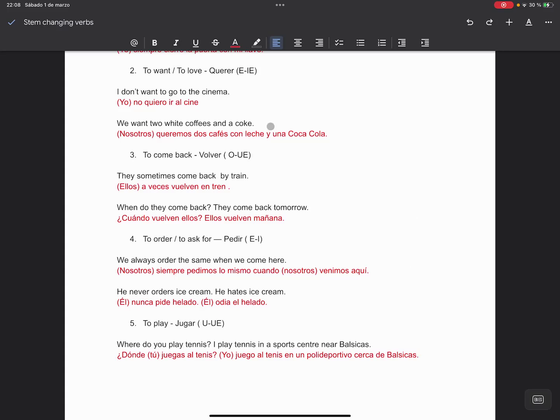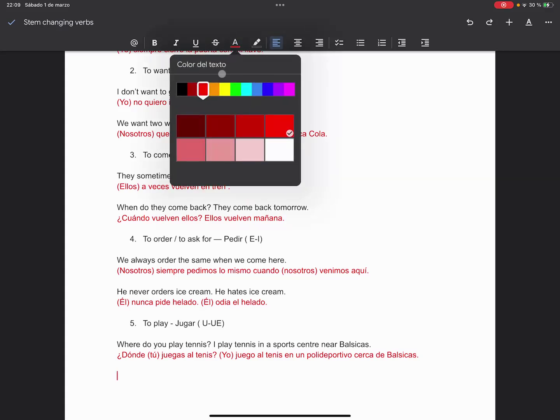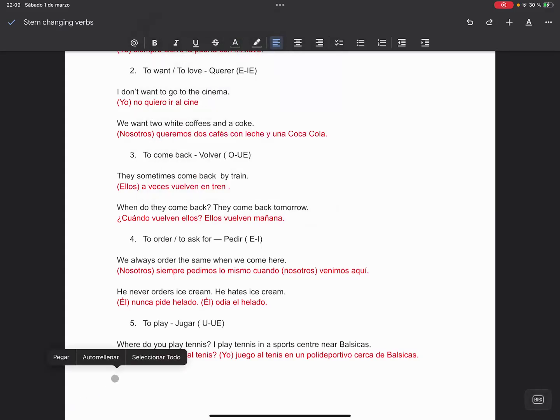Let's continue with the verb play because it's a very common verb. ¿Vale? For example, I play with my little nephew. Let's use a frequency adverb.